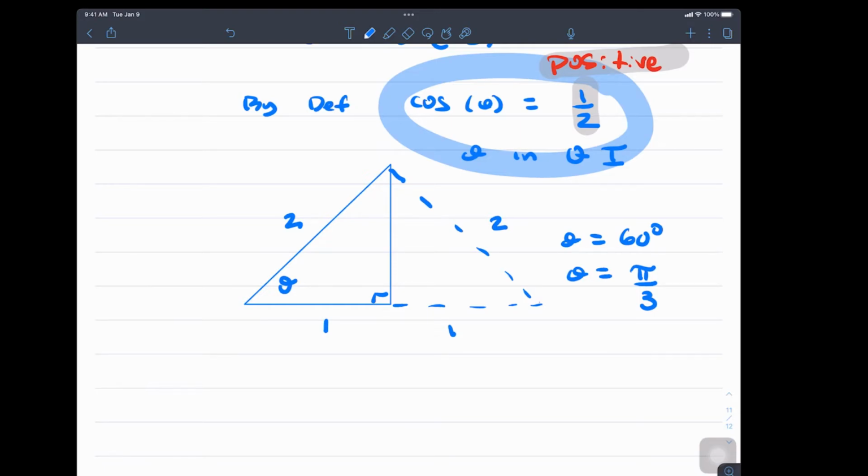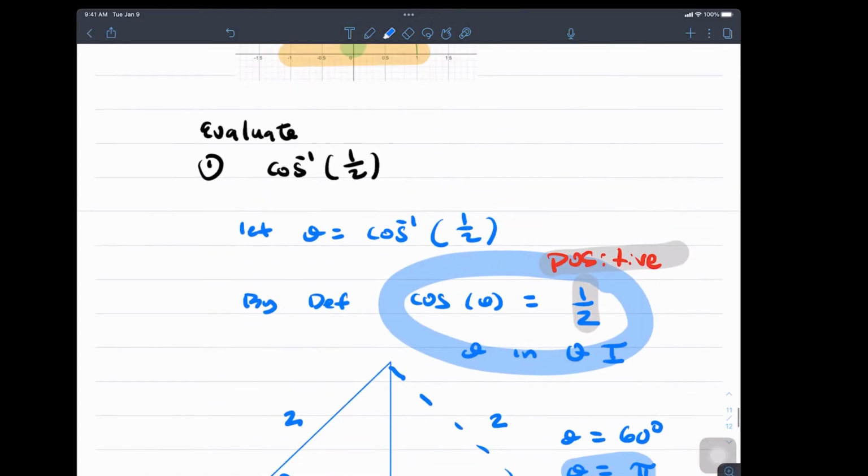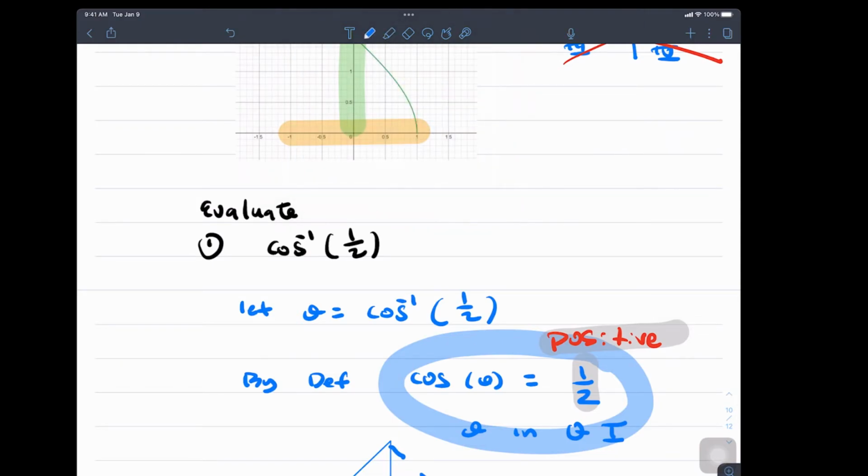All right? Because that's a 30-60-90 special triangle. So, like I said, this is special triangles. Only 2 of them. Only 2 special triangles. So this is the answer. And so we just say, I know this equals what? Pi over 3. So there it is, ladies and gentlemen. That's how you answer this particular question.